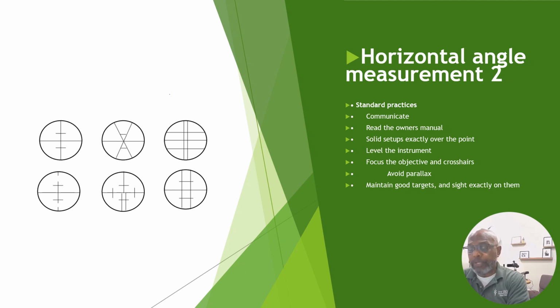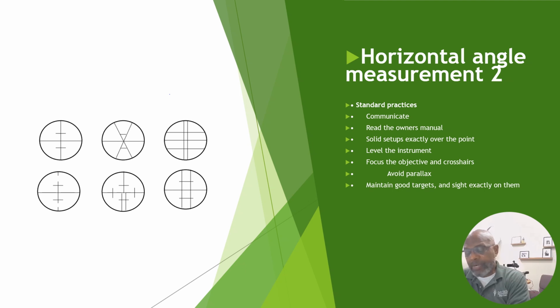When focusing on the crosshairs, look at a light colored object like a white house, a cloud in the sky, or a piece of paper. Adjust the eyepiece on the instrument to make the crosshair as dark as possible. You can't do it very well if you're looking at something already dark, like greenery. You can probably do it, but against a white background it is a lot easier.